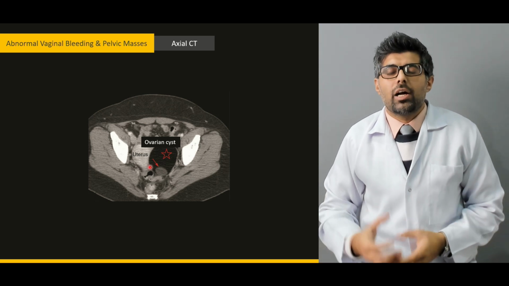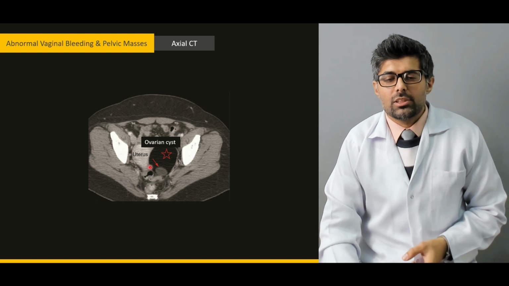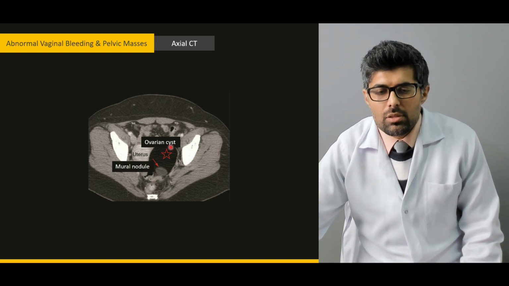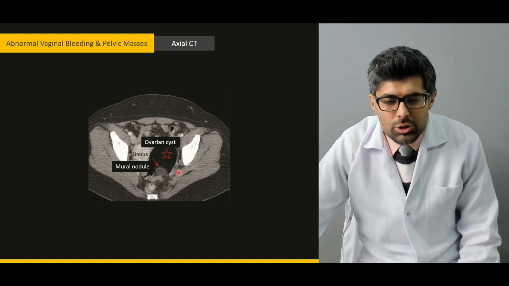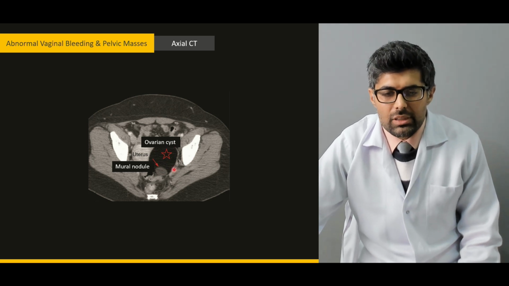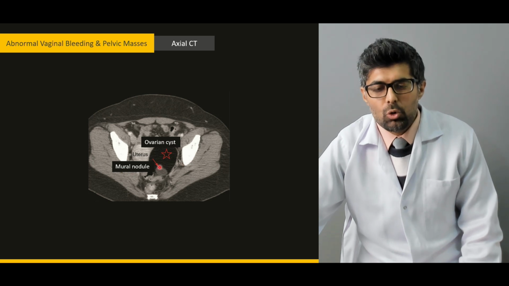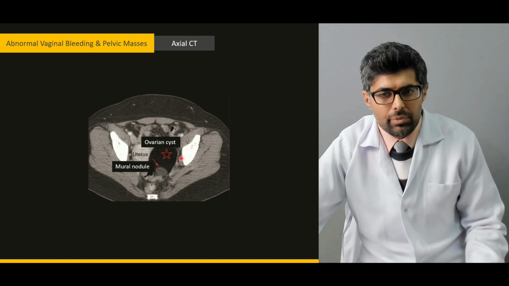We usually find patients which have cysts of complex nature. Now, in this patient, the cyst is towards the outside of the uterus. It has given a bulge, it has given a mural nodule, and this cyst is of simple nature.